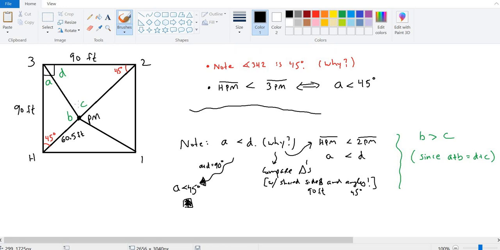A key idea is that in any triangle, side lengths correspond with angle sizes. In any triangle, longer sides are opposite greater angles.